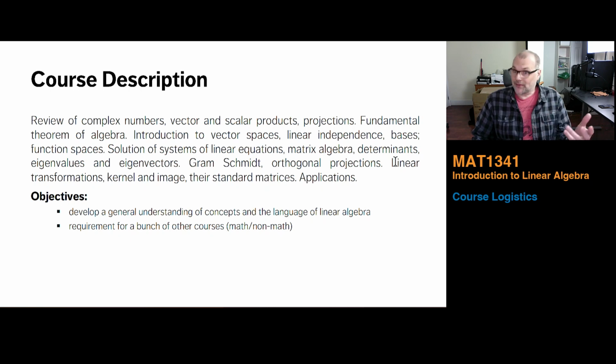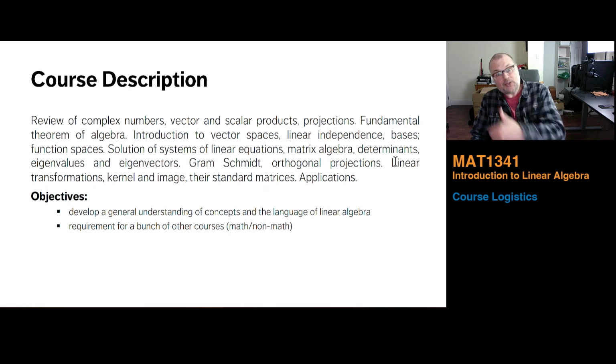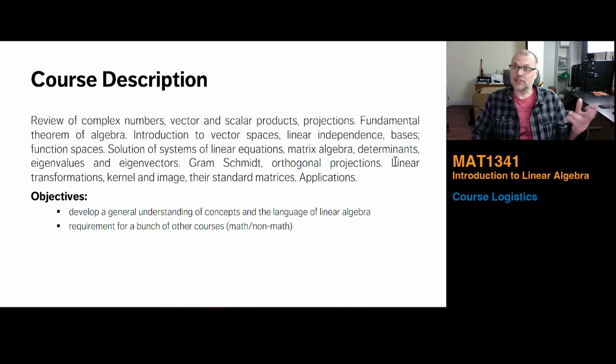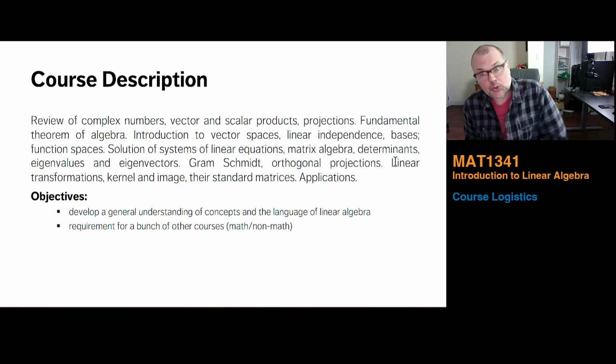It's not the only linear transformation, and one of the things you'll see in your more advanced courses is that multiplication by a constant matrix basically is what linear transformations are all about, at least in finite dimensional spaces. At any rate, that's the description in the course catalog.